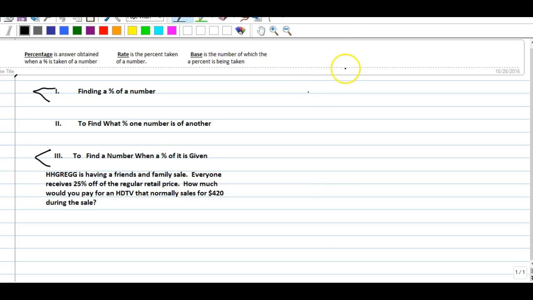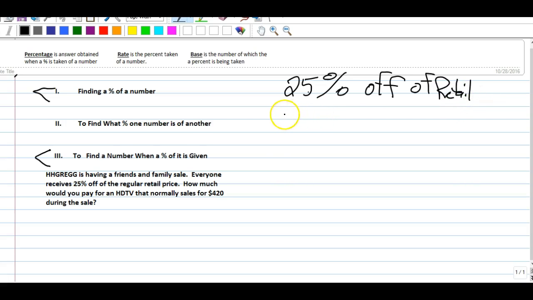Another way of looking at this same problem is that if you receive a discount of 25%, if you're taking 25% off of the retail price, then that actually means that you're paying 75% of the retail price. If you were paying the full price for the item, you'd be paying 100% of retail.